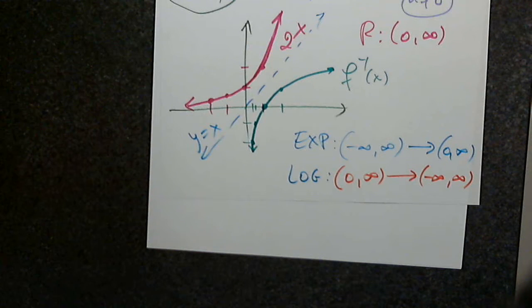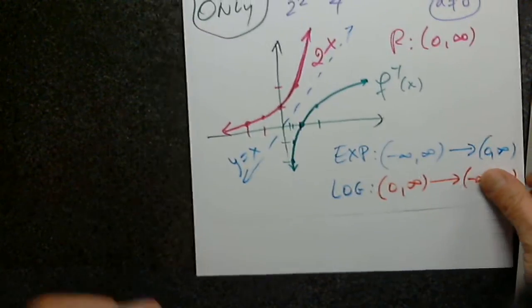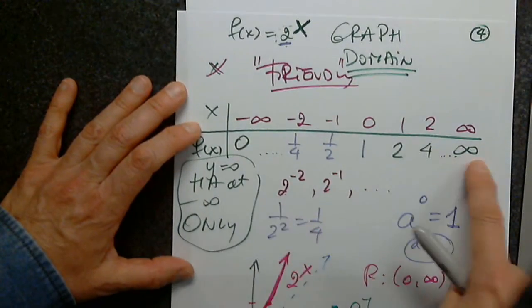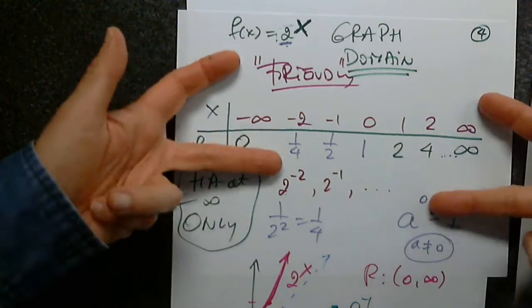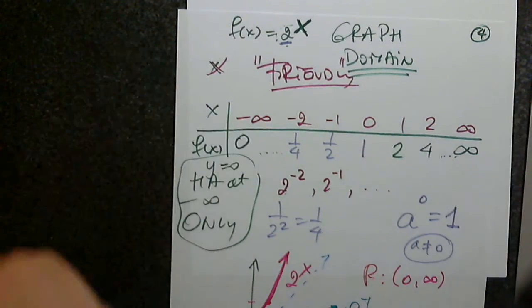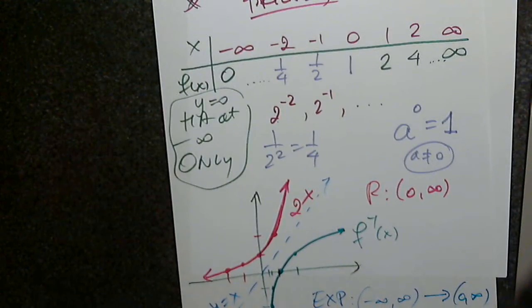So this must be the domain now. You reverse the coordinates, right? So this must be the domain for the log. This is what we discussed in the previous chapter, right? This will be the domain and this will be the range because they are reversed now. If the function takes 2 to 5, the inverse function must take 5 back to 2.